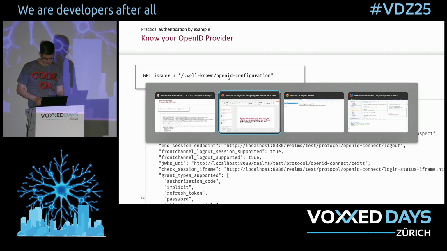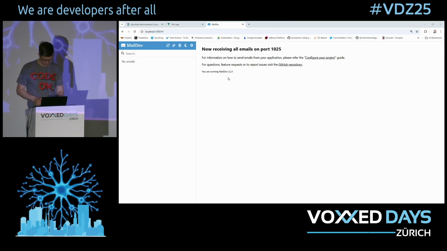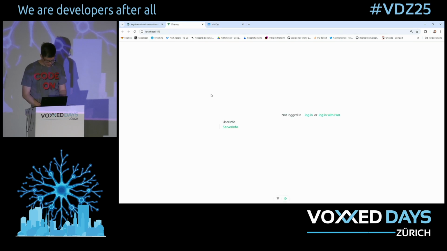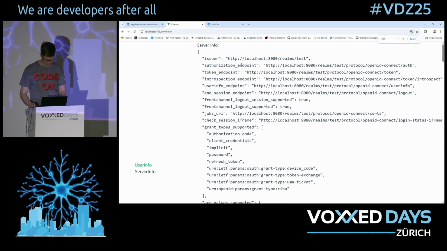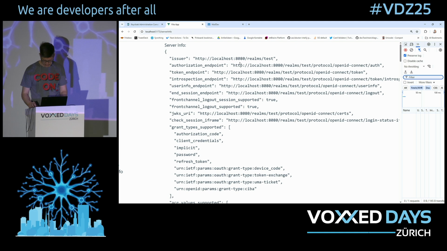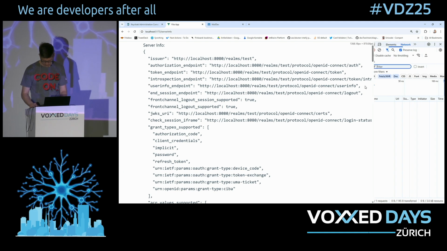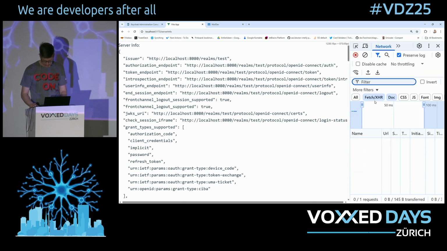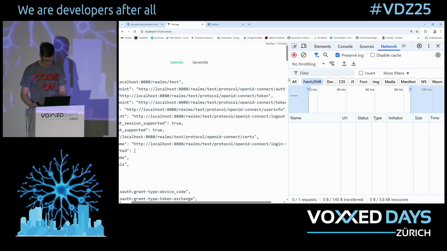So I prepared a little demo application here. I don't have very much space, so I probably need to use my trackpad. I have a server info endpoint, which is called here. And I will also open my server console, where I filter my requests to only the HTTP queries.